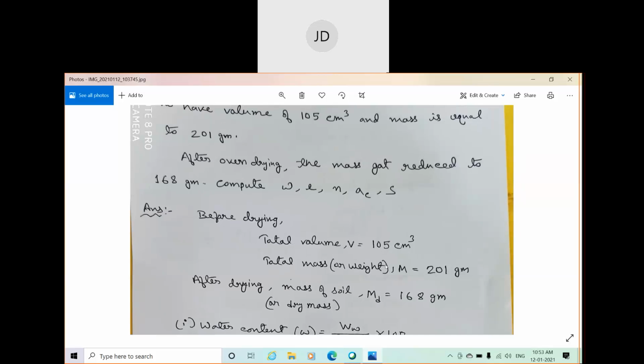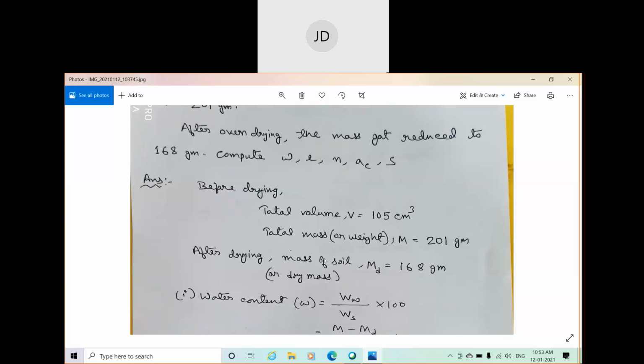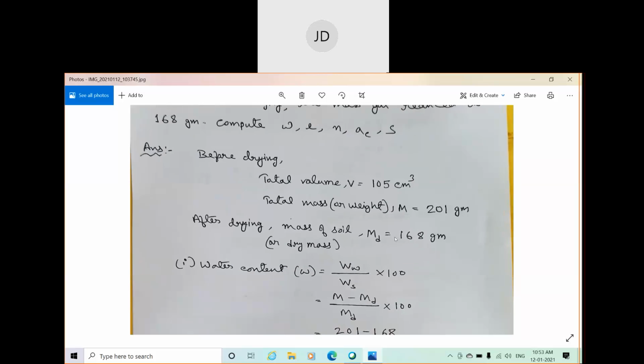The mass of water you need to find out, and the mass of solid is given as 168 gram. So the formula is: water content equals weight of water by weight of solid, multiplied by 100, since moisture content is represented in percentage.